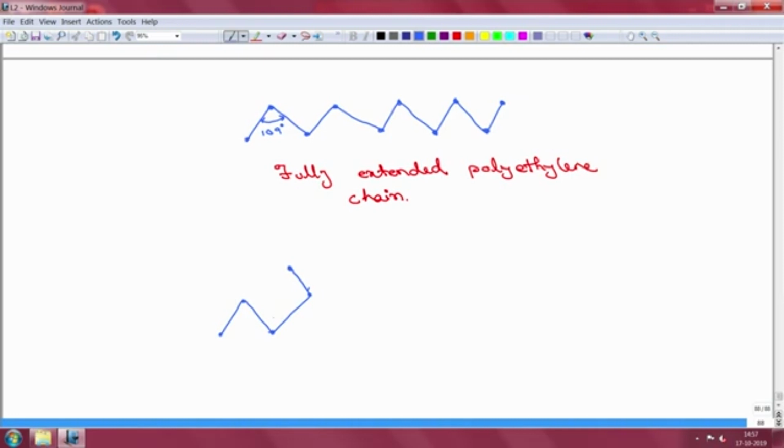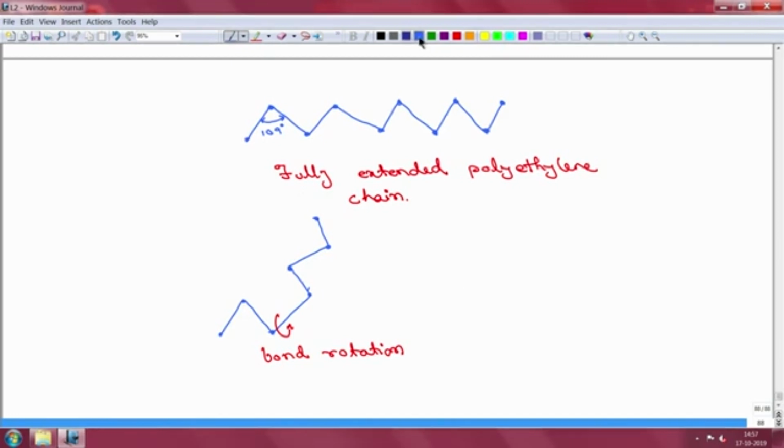So, this bond has undergone rotation. And if all the other bonds are also undergoing rotation, you can end up with a chain like this. Right. So, this keeps on going.